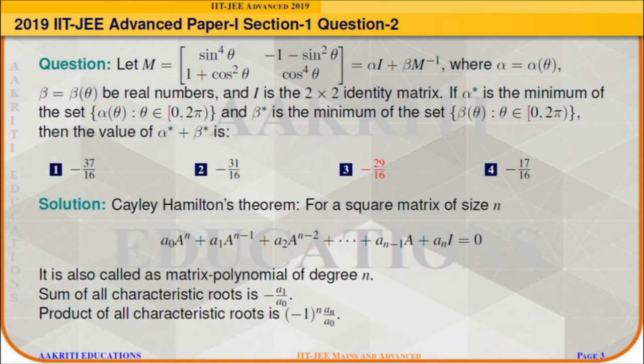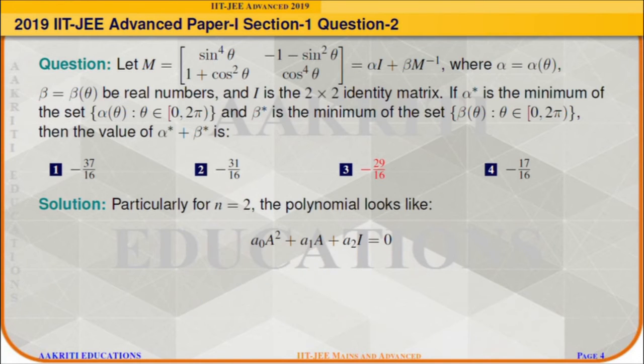The sum of its characteristic roots is minus a1 by a0 and product of all its characteristic roots is (-1)^n times an divided by a0. You can observe that the concept is similar to the polynomial. Now particularly for the case of a 2 by 2 square matrix, the polynomial will look like a0 A^2 plus a1 A plus a2 I is equal to 0.